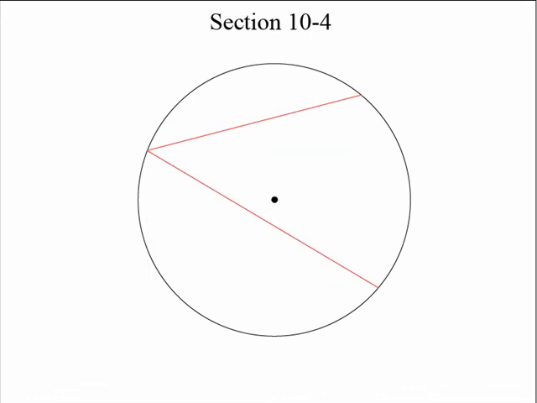Let's do a different color now. How about that nice little green? Now watch this. I'm going to start at another place. They're both going to be inscribed angles, but watch what I'm doing. I'm going to here, and I'm going to right there. It's close enough. You get the idea.